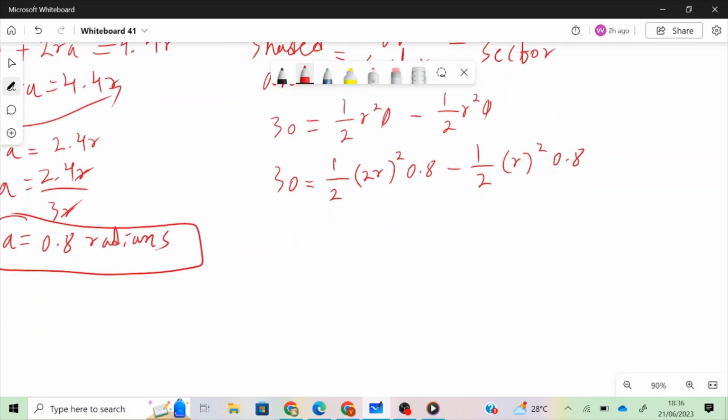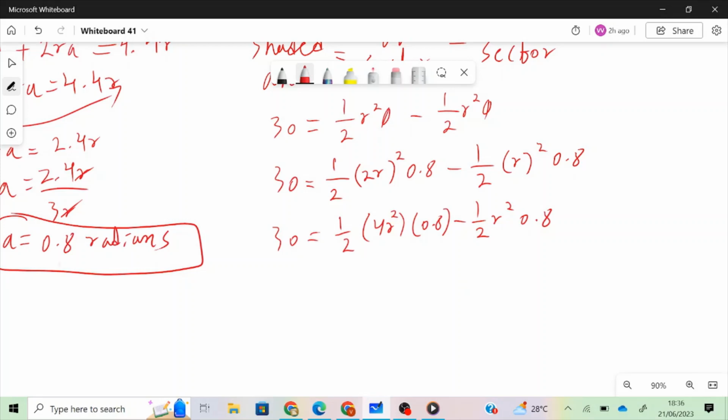Simplifying or expanding this first, you would get half into 4r squared, because 2r times 2r is 4r squared, into 0.8 minus half r squared 0.8.